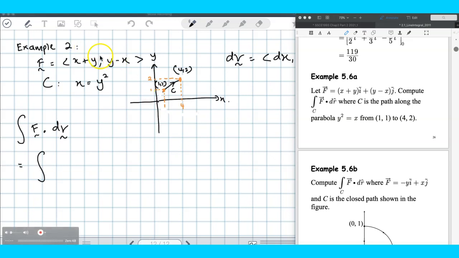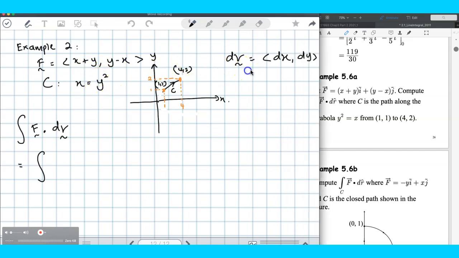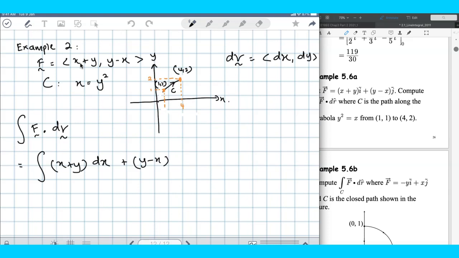But at the moment your function is not in terms of t, so you can just leave your dr as dx and dy. Okay, so now we multiply the x component with the x component, so (x plus y) dx plus (y minus x) dy.